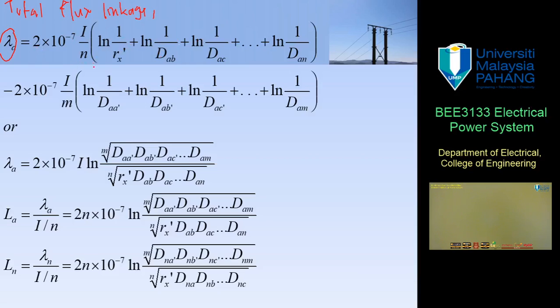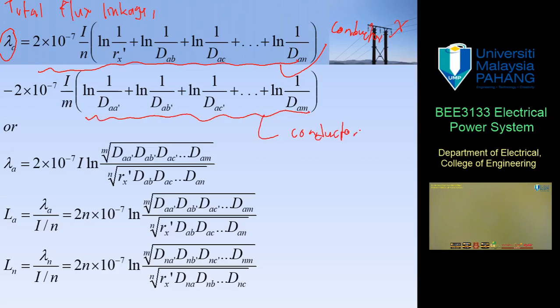This is for conductor X and this is for conductor Y. Here we have n, and here is m, as we mentioned before.